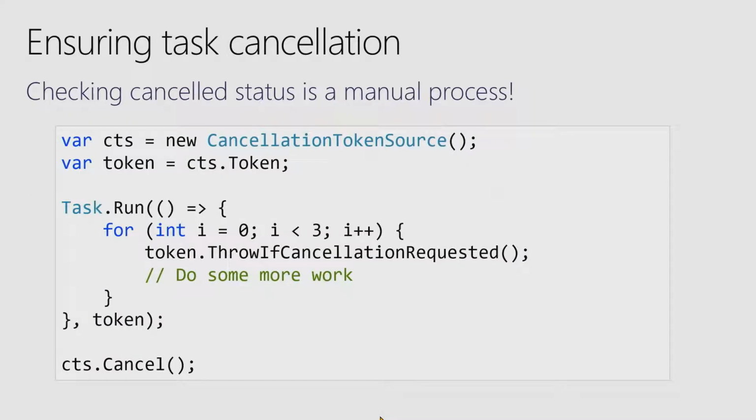Checking this is actually a manual process. So instead you want to put in a check like in this code snippet over here, or an alternate solution could be to do if token.IsCancellationRequested and then throw in a return over there. So you may already be using cancellation tokens, but make sure you're using them correctly.